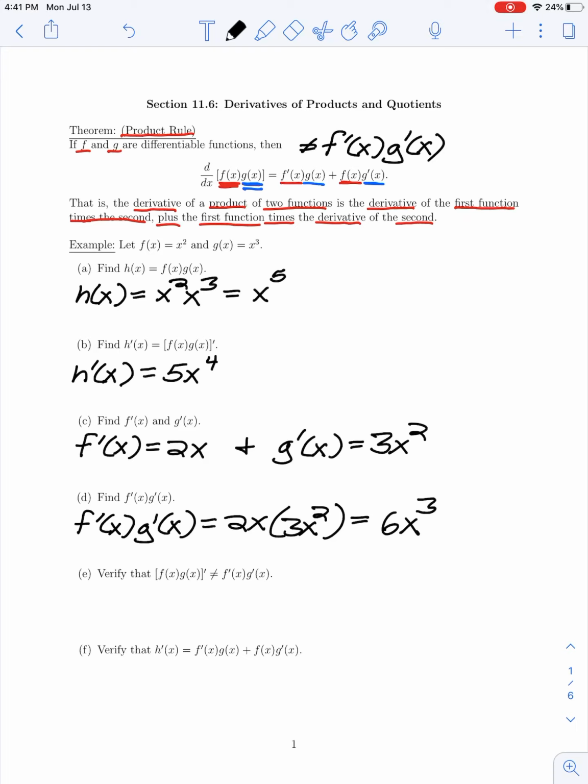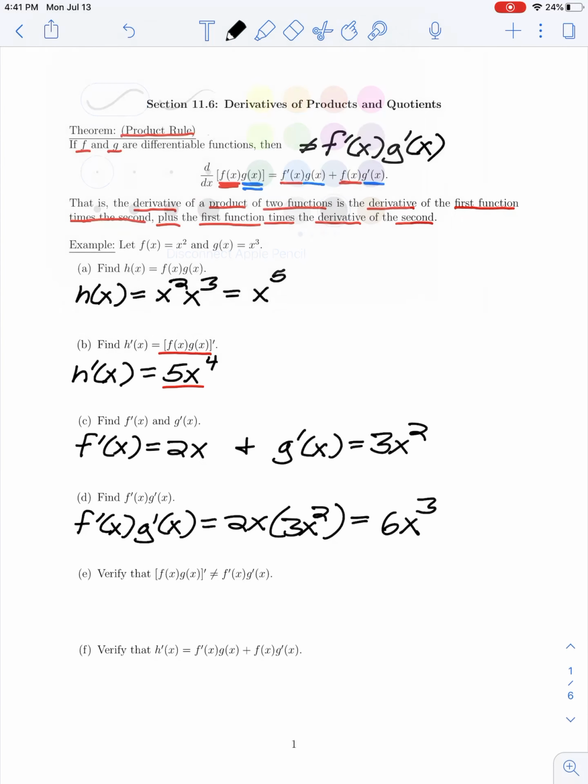So in part E, we're asked to verify that the derivative of the product, f of x times g of x, is not equal to the product of the derivatives, f prime times g prime. So in our earlier work, in part B, we found the derivative of the product, f times g, is 5x to the fourth.